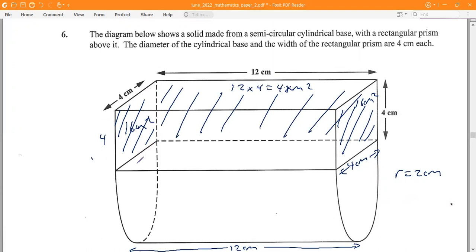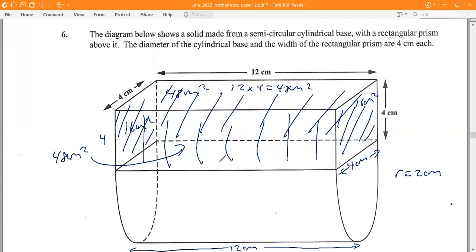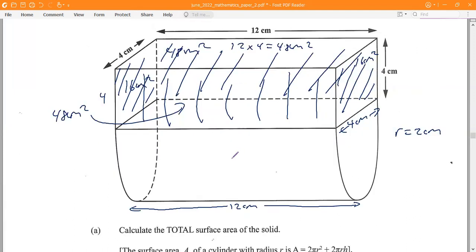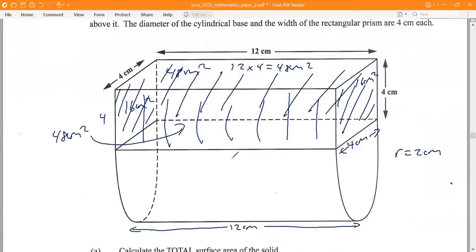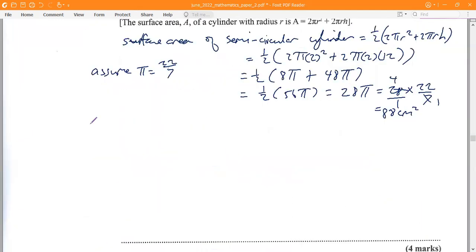In the front, the same 48 cm squared. On top here, we have 48 cm squared, but we do not have a base. So it's 48 by 3.